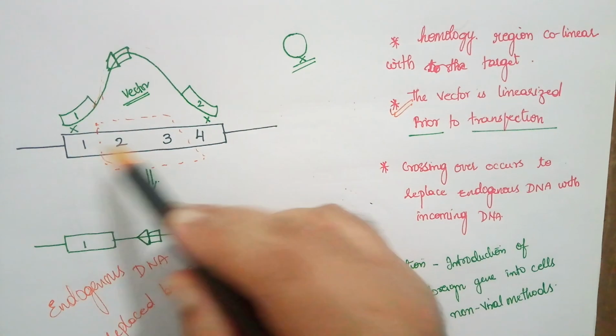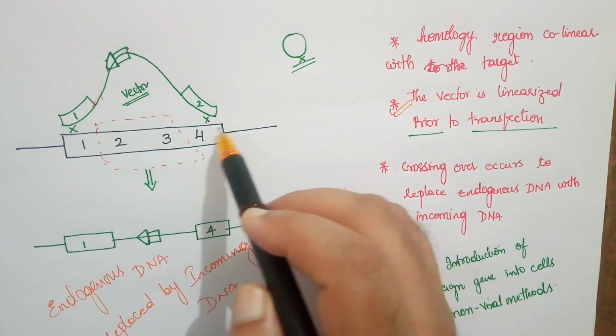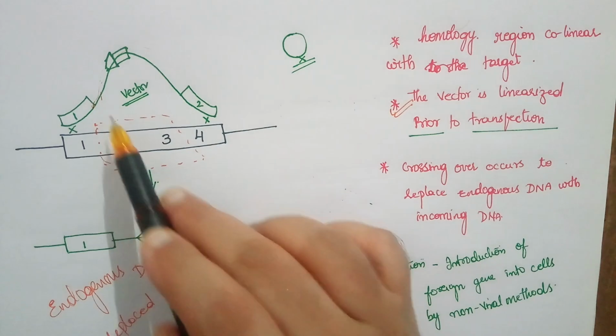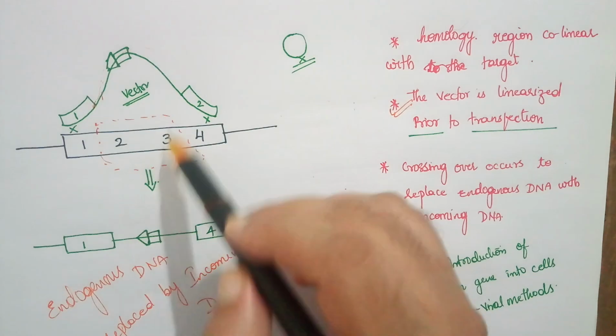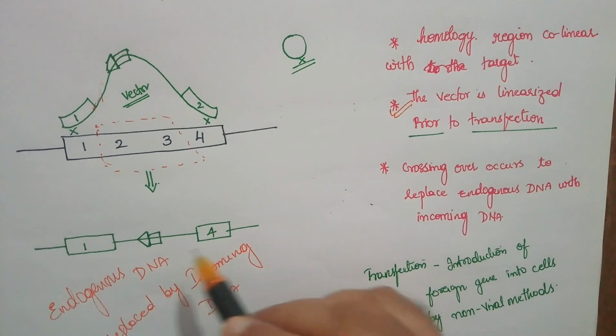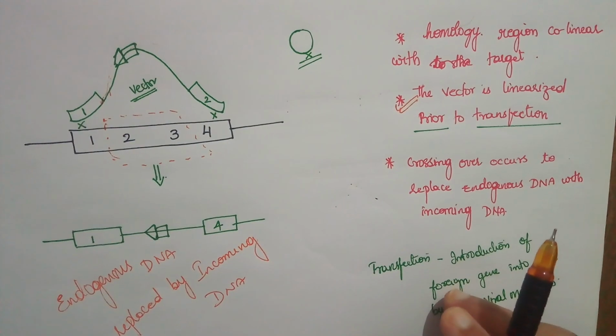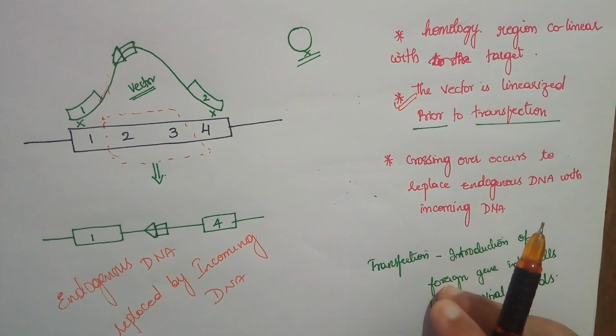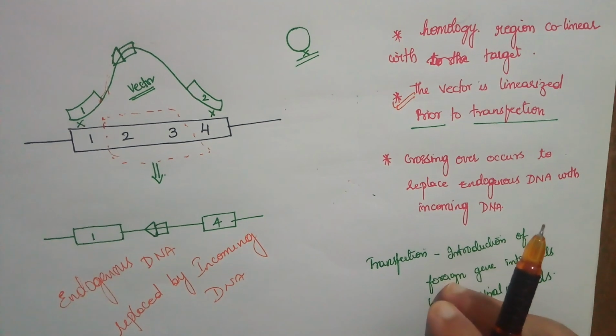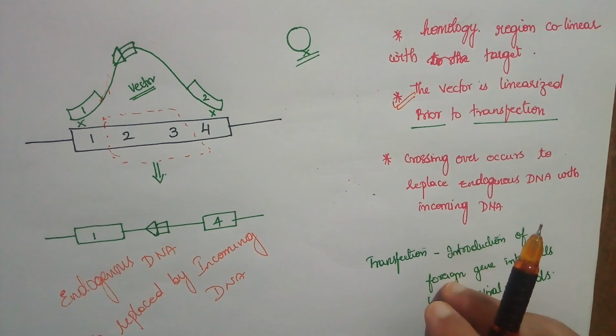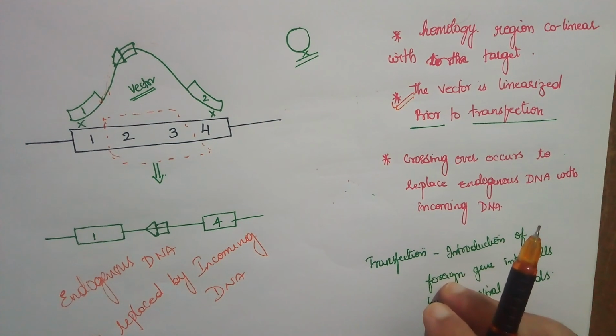Crossing over is going to occur, as I have already showed. Once the crossing over is completed, the endogenous DNA, this portion, is removed, and the incoming DNA is placed in that portion.